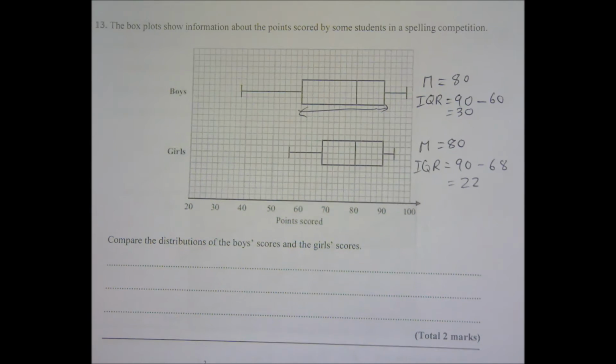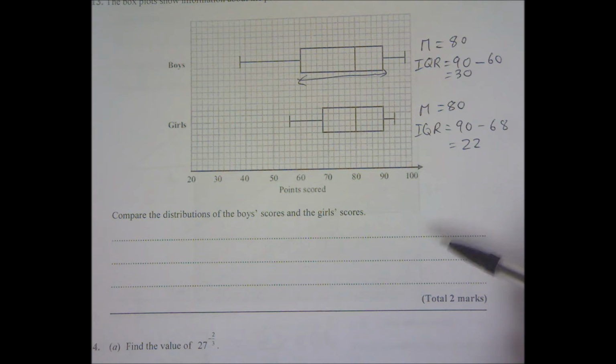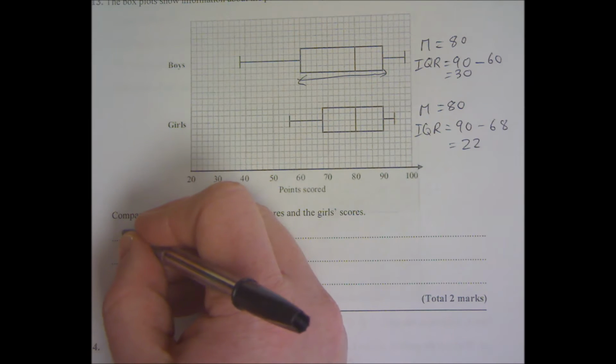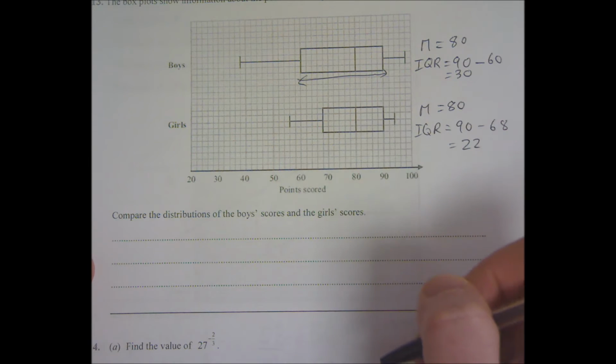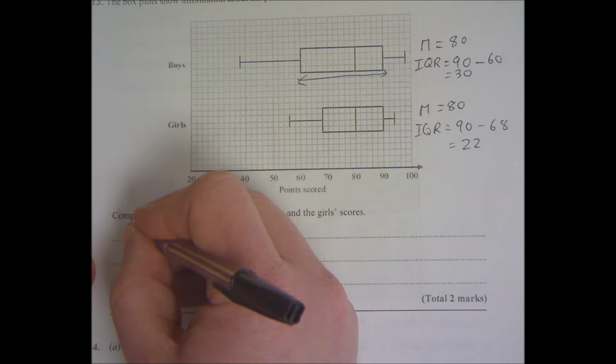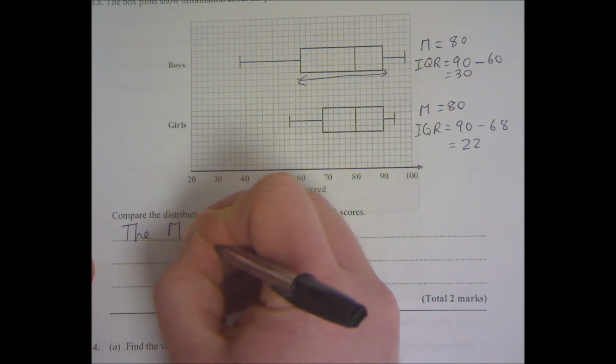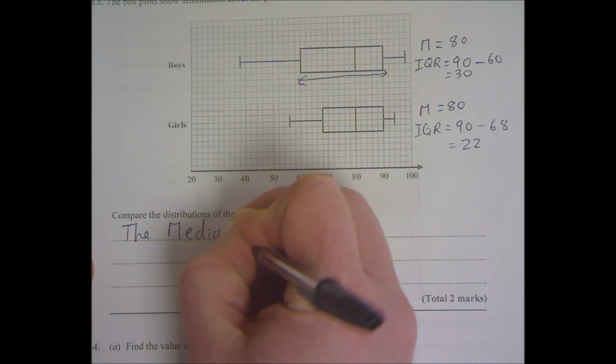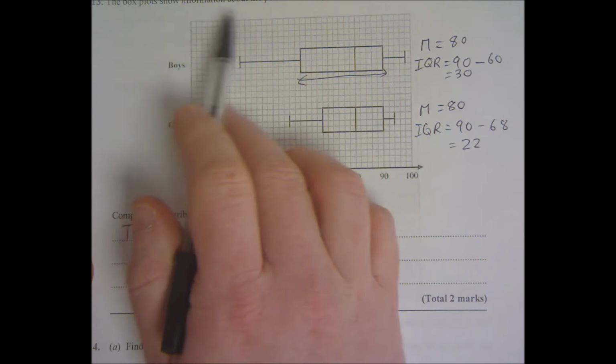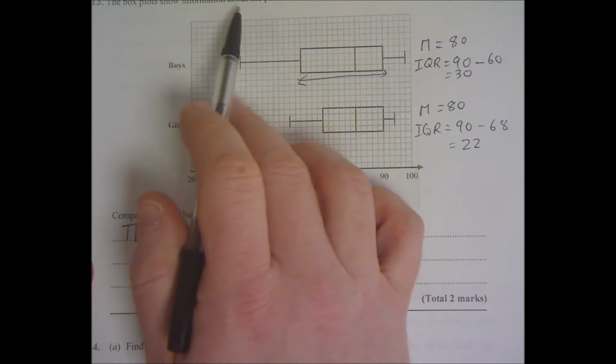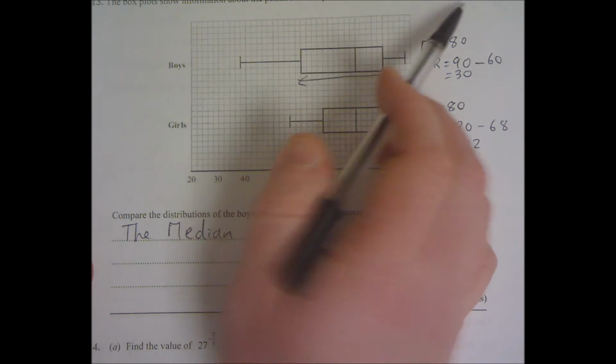So they're the 2 things we need to compare, and finally, to get the second mark, we also need to mention the context of it. So I'll try and get that context into the first part there. So the median, and then I'll look back at the top, what am I actually looking at: the points scored by some students in the spelling competition.